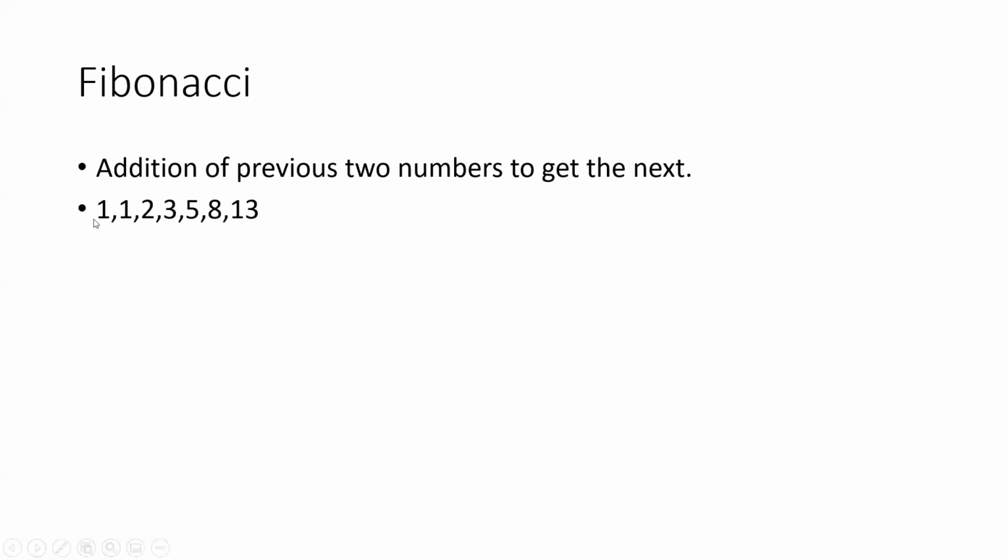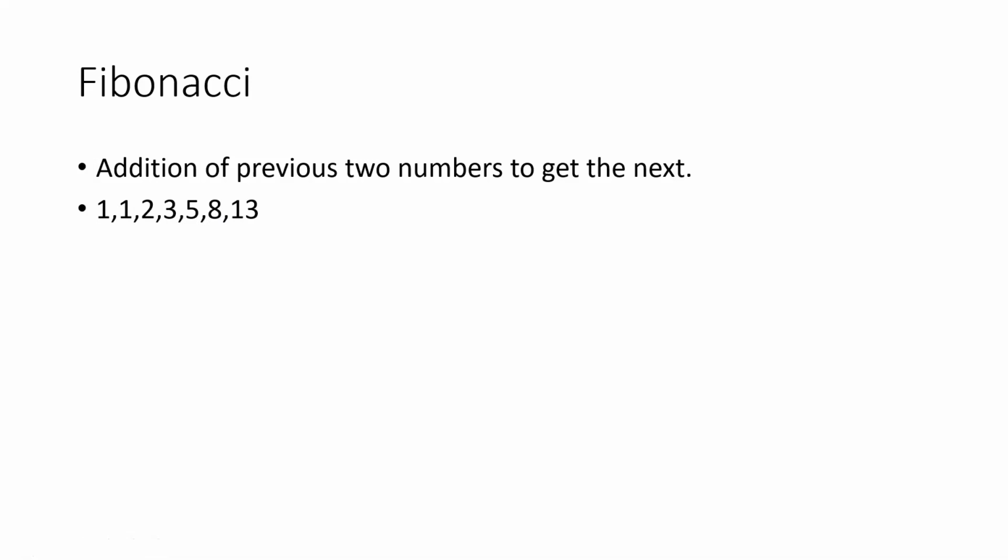So when we start with 1, a typical sequence is 1, 1, 2, 3, 5, 8, 13. It's very common, but the test may start with other numbers too. They might start at 4, then 4, then 2, then it will be 6, then 8, because 2 plus 6 equals 8. So it keeps on going.